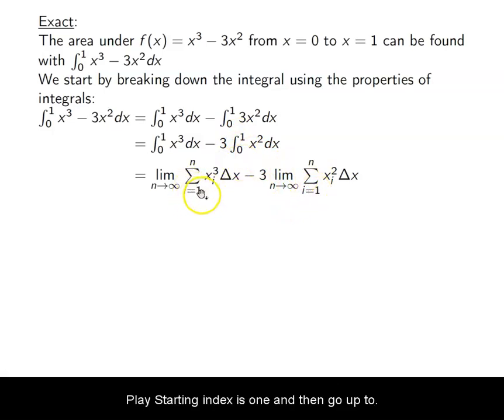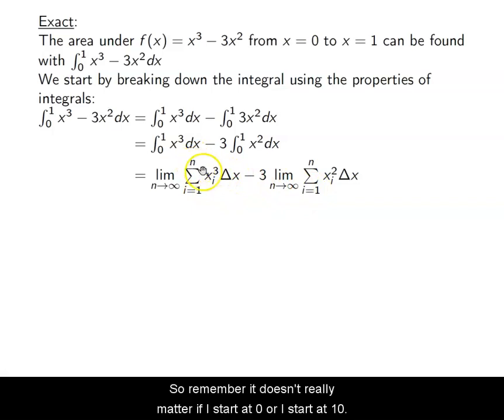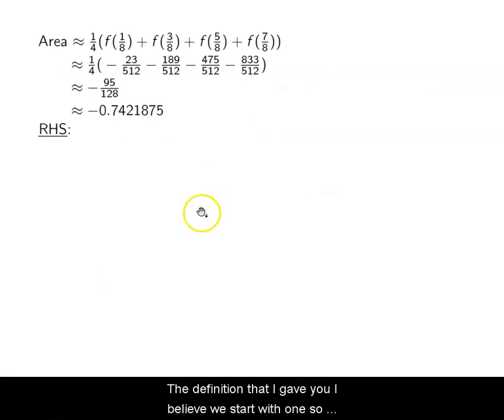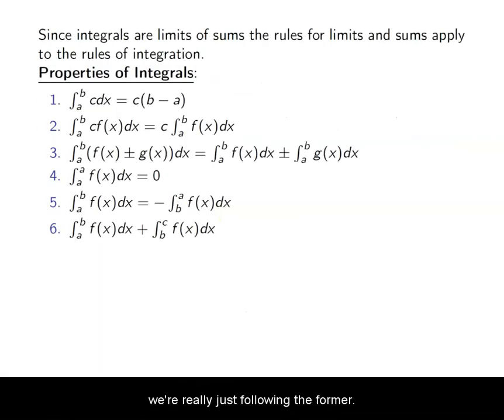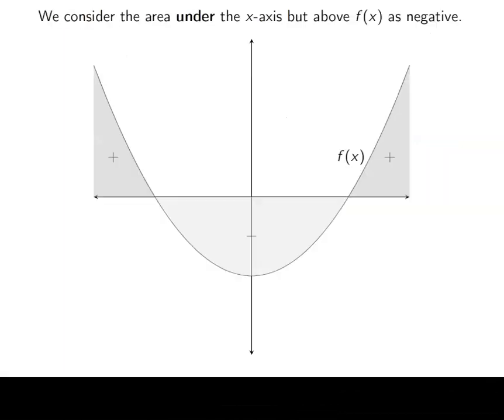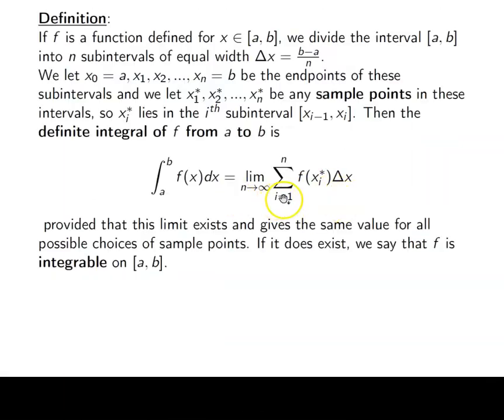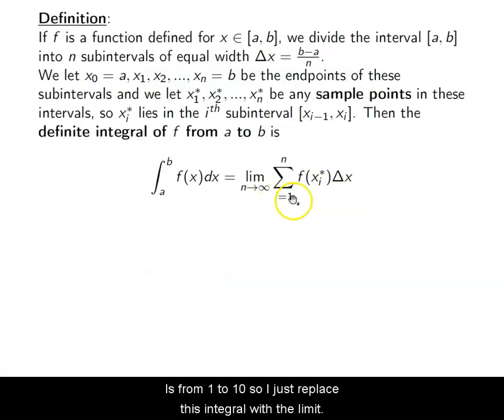My starting index is 1, and I go up to n. Remember, it doesn't really matter if I start at 0 or 1. The definition that I gave you, I believe we start with 1, so we're really just following the formula. Our definition here is from 1 to n.